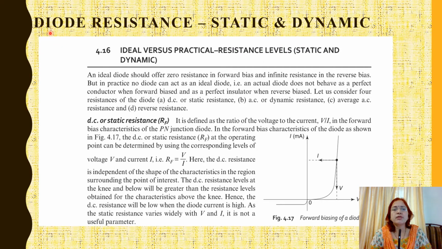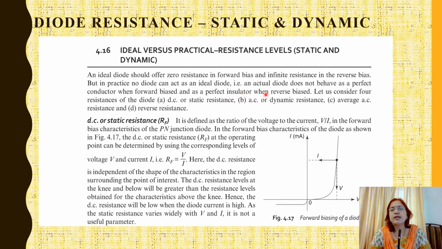When we talk about the diode resistance, we have to consider two types of resistances. First one is static resistance and second is dynamic resistance. When we consider the ideal diode, it should offer zero resistance under the forward bias and infinite resistance under the reverse bias. But in practice, no diode can act as an ideal diode.